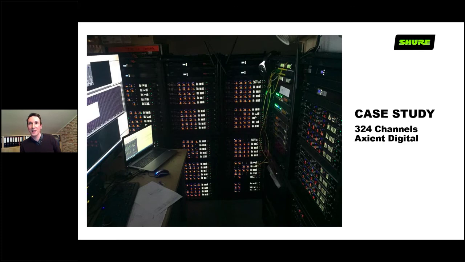This is the first time that I step away from my rule of thumb of 3 antennas per system. We said the reception area is too large. We're not going to get away with a single set of receive antennas. We need multiple receive antennas. Active combiner units were used to take 4 sets of antennas, 4 diversity pairs, and combine them into a distribution chain behind that to 324 channels.